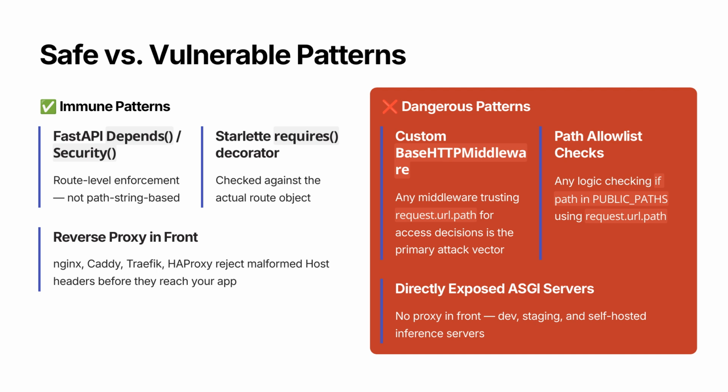That's especially common in development, staging, or self-hosted inference environments where there's no proxy in front to filter malformed requests first. So the practical takeaway is simple. Route-aware enforcement is generally safe, while string-based path checks in middleware are where things become dangerous.